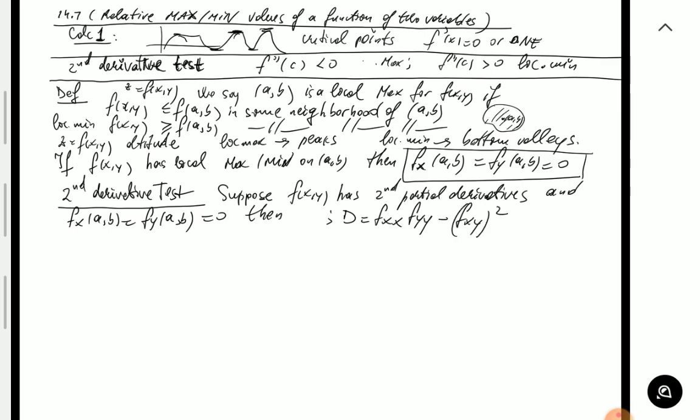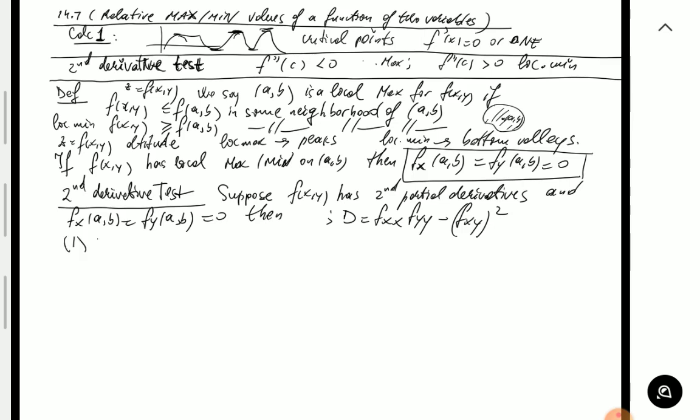This is basically the determinant of the Jacobian matrix, actually, as it's called. So denoting this combination by D, we have basically three cases at each point (a, b), all of this evaluated at the point (a, b).